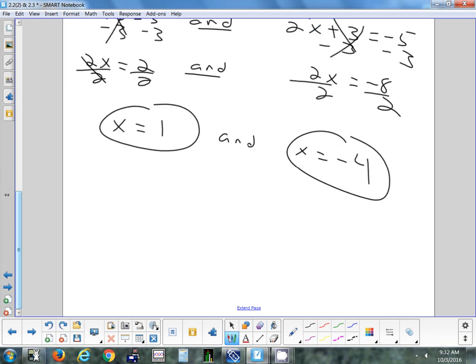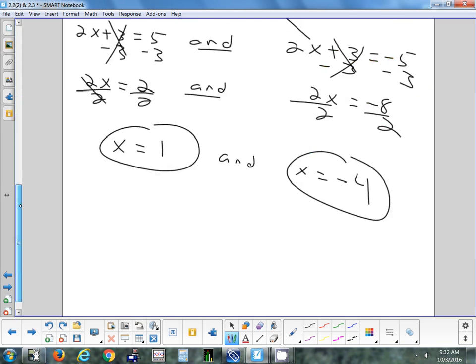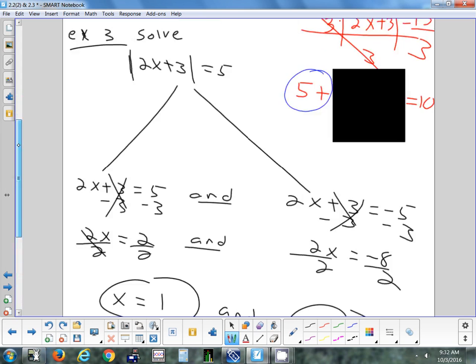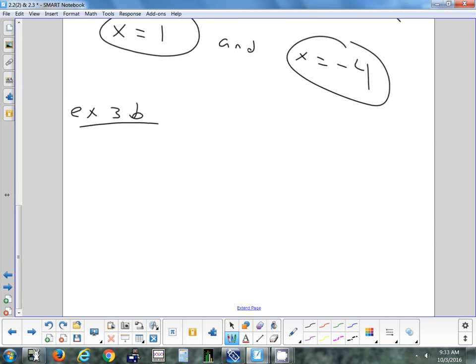Okay, I want to look at, if that was example 3, you could call this 3A. I'll call this one 3A and this next one 3B. Same kind of question, solve it, but a little different. Any thoughts before we start solving this one?